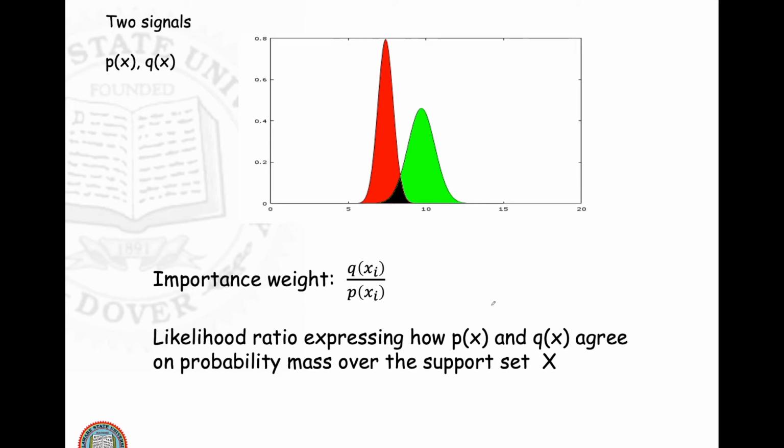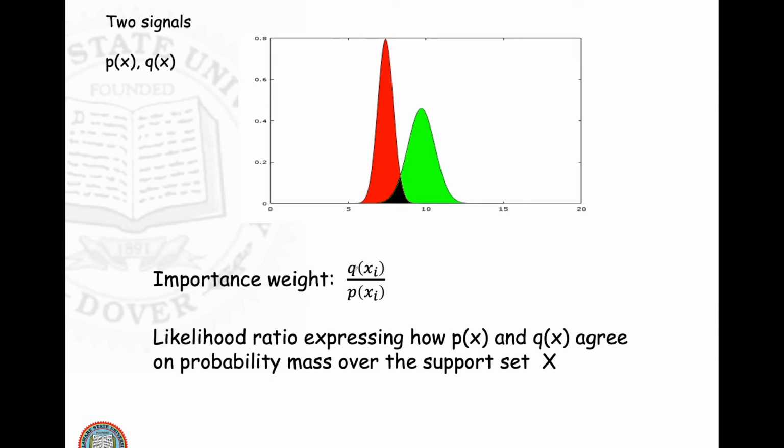So there's another piece of information you can measure. In many cases, you have two signals. One signal is producing values at a rate governed by probability P of x, and another signal is producing values governed by probability distribution Q of x. Now, a so-called importance weight is the ratio between Q and P. So we write Q of xi over P of xi.